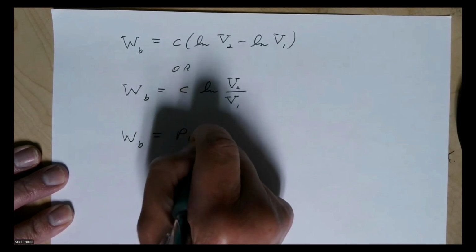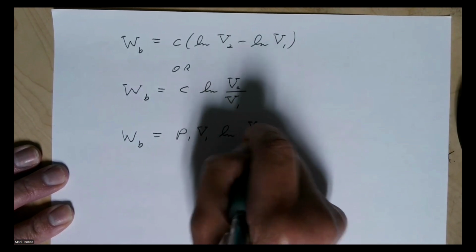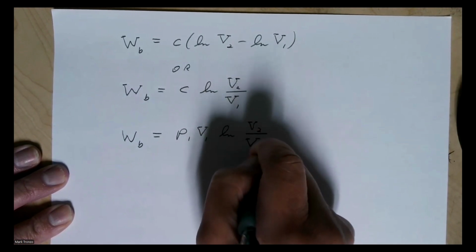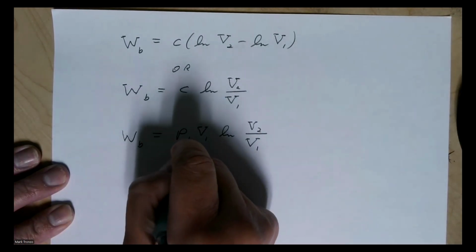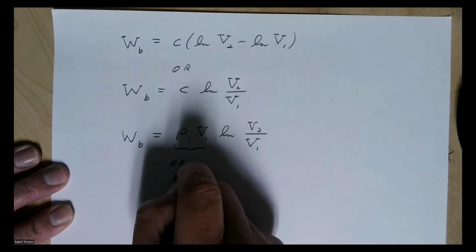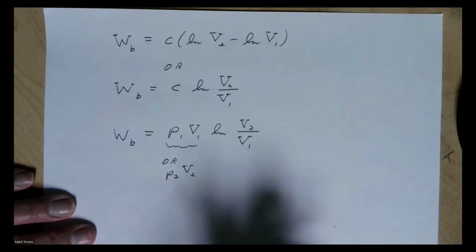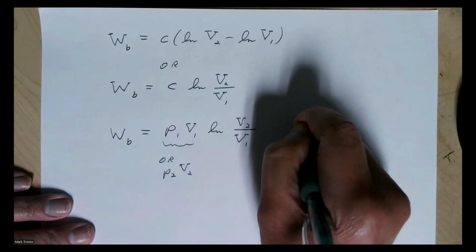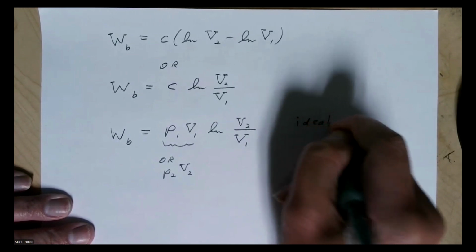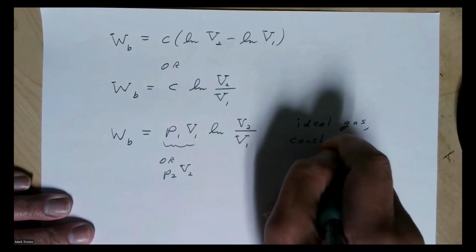And we can say even P1 V1 if you want to. Or you can say P2 V2 since that quantity is constant. Of course, keep in mind to use this equation, you have to have an ideal gas and constant temperature.